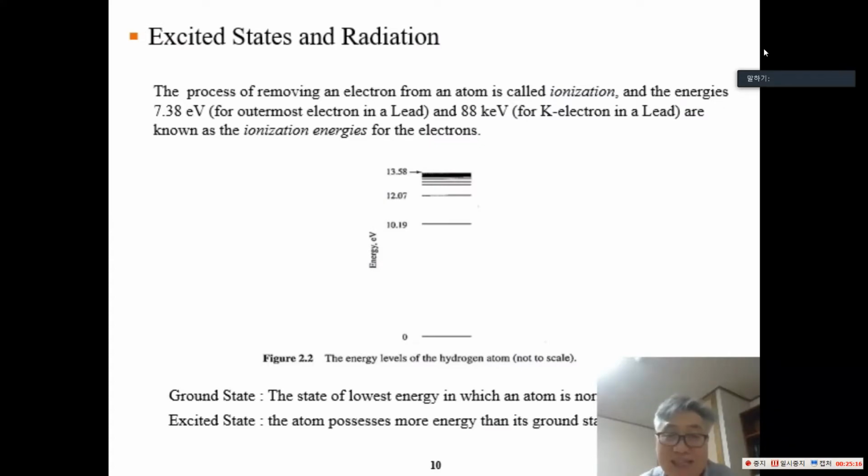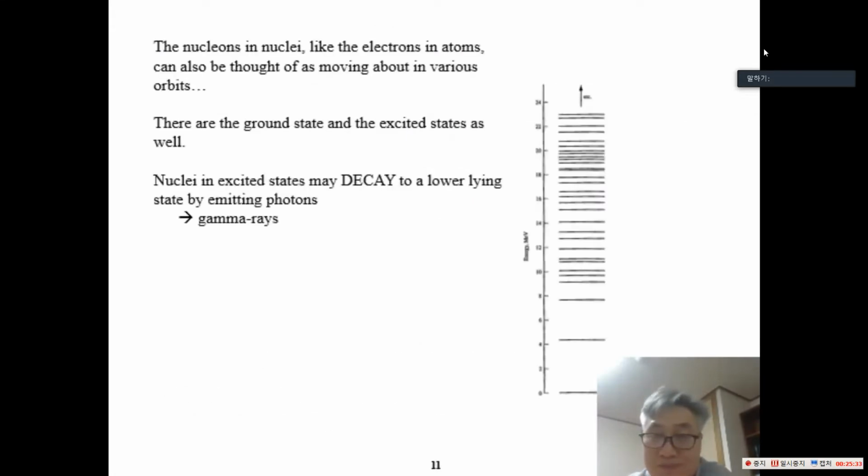Now, we model the same kind of energy state as existing in the nucleus as well. Inside the nucleus, we have a similar structure of energy levels. So there is a discrete energy level.